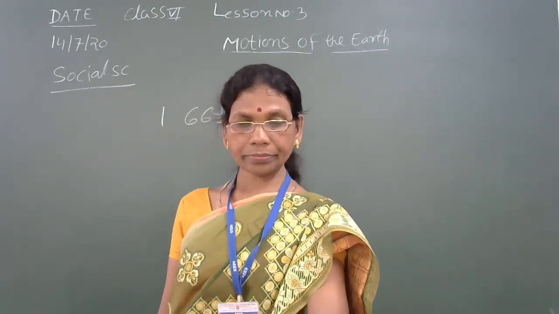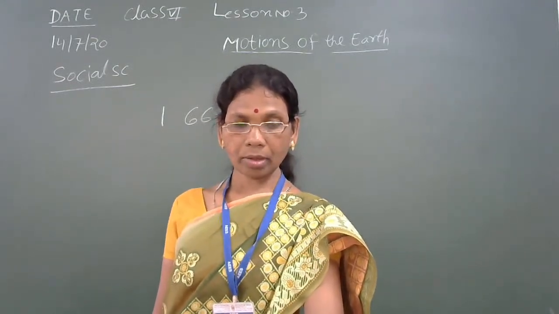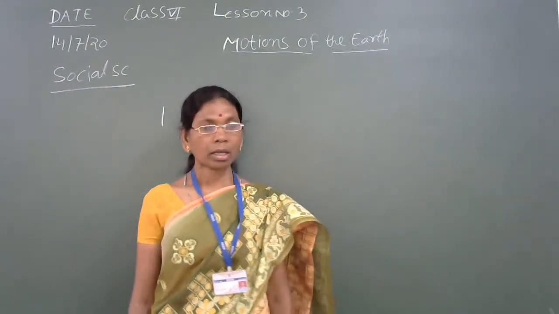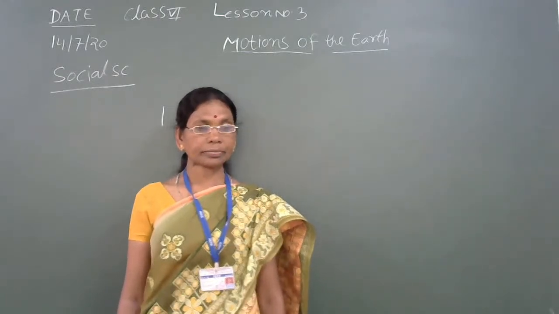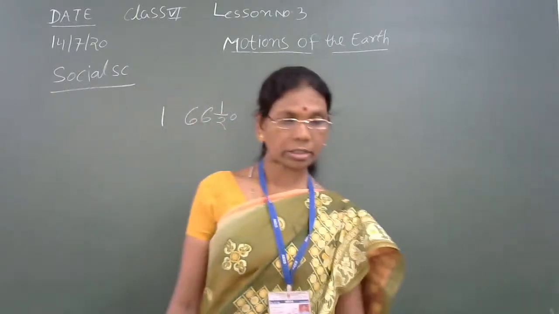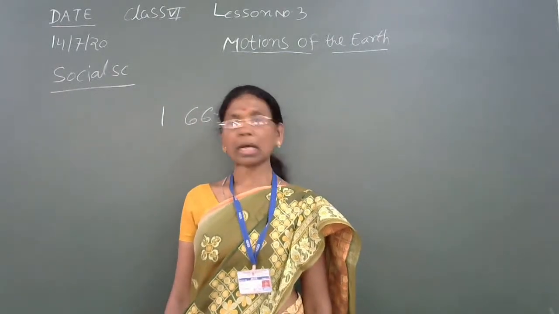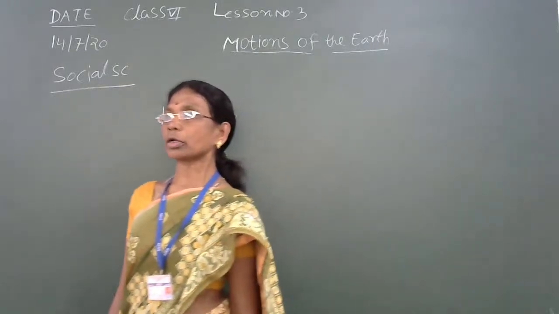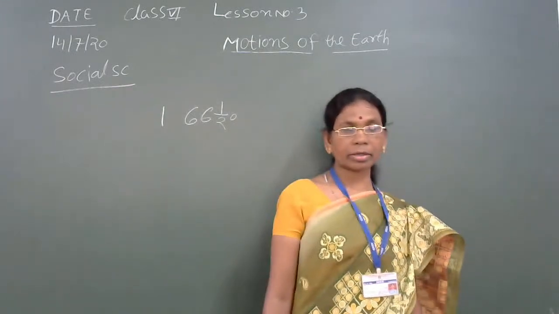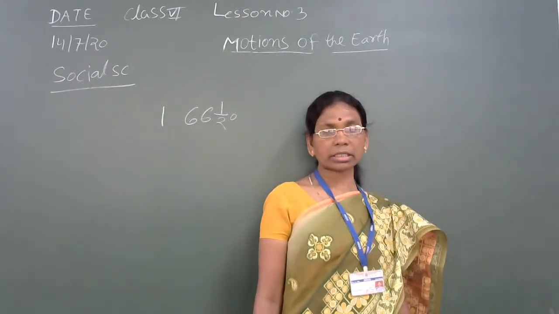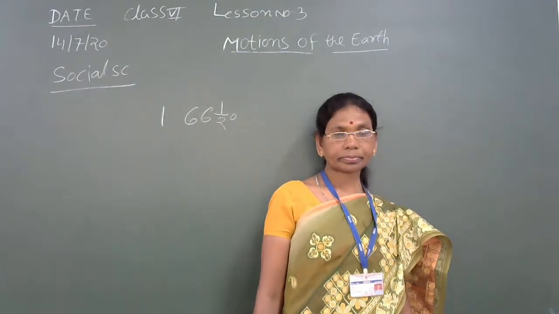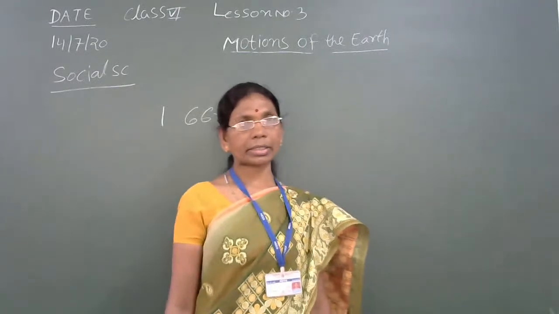Come to the next, question number 5. What is an equinox? Page number 20, third paragraph. On 21st March and 23rd September, direct rays of the sun fall on the equator.